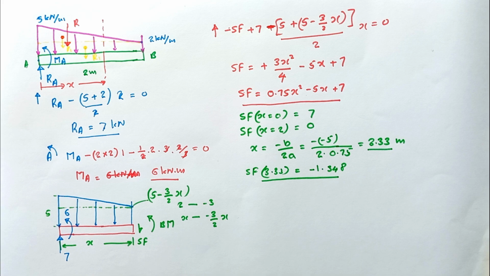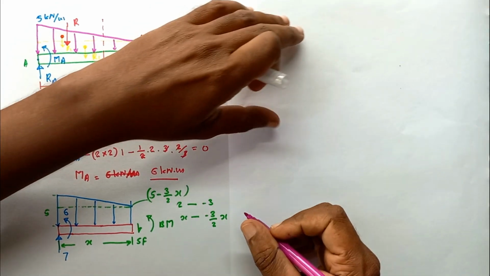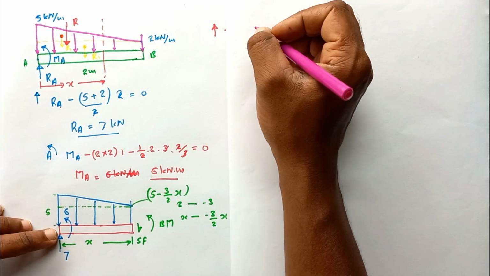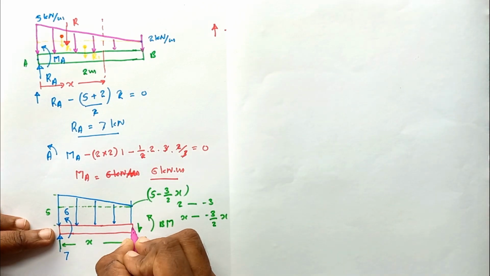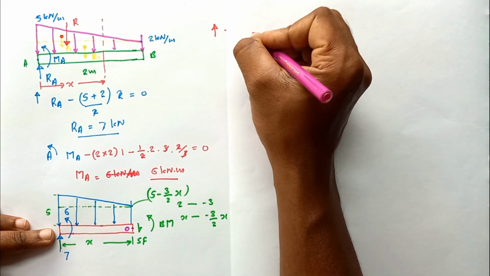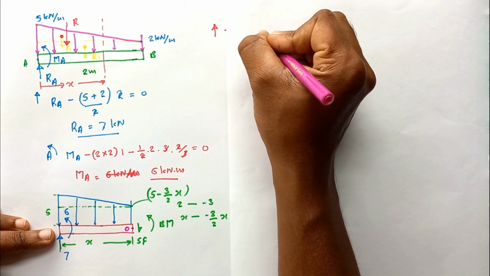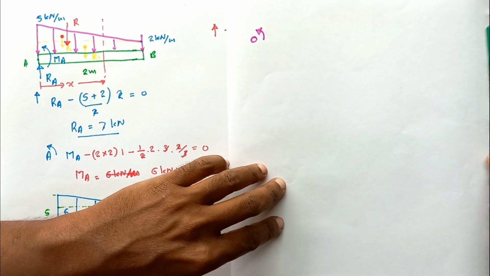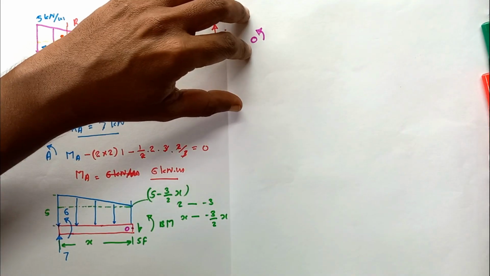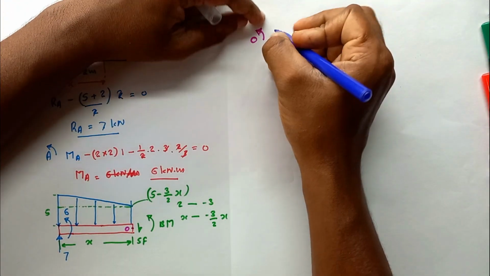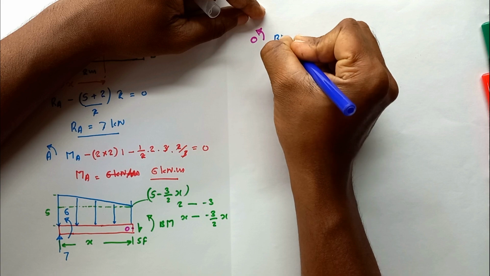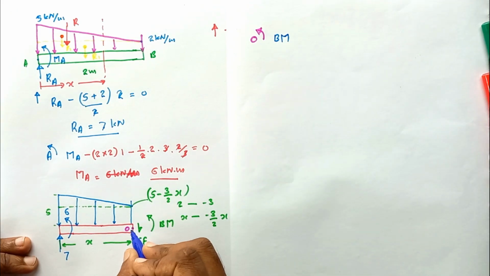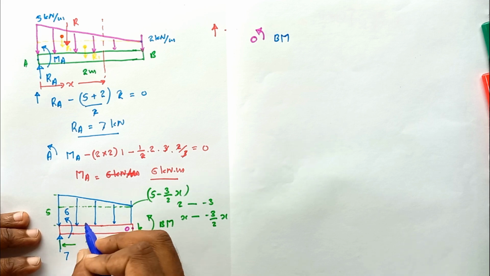Okay, then let's find the bending moment. Next I'm going to find the bending moment equation. To find the bending moment equation, let's take this point as O. So I'm going to take the moment around this O point. Then by taking the moment around this O point, bending moment, then we don't have any moment from the shear force.